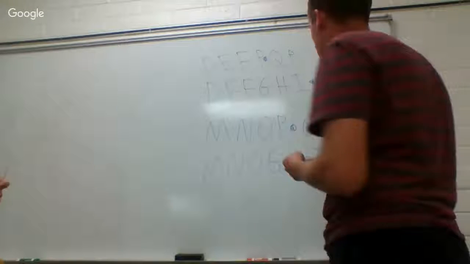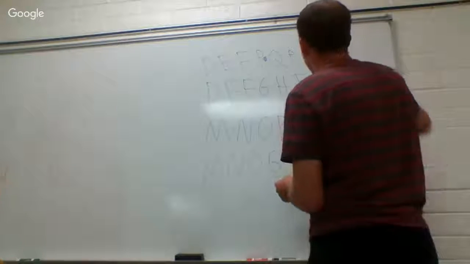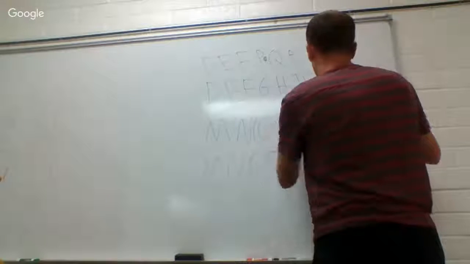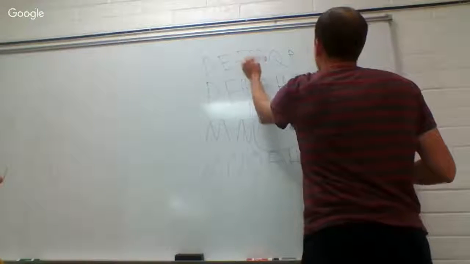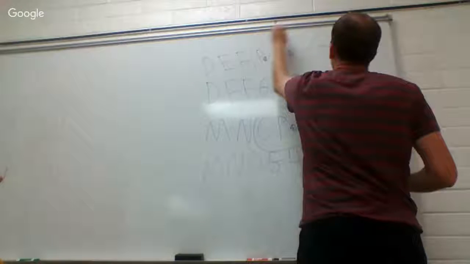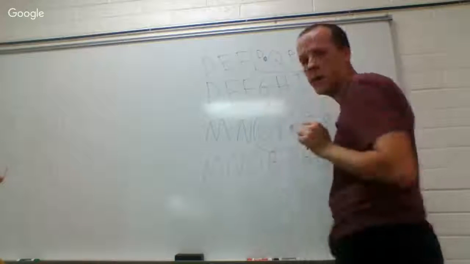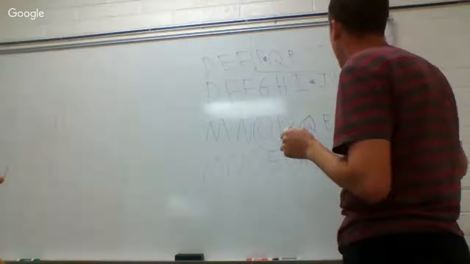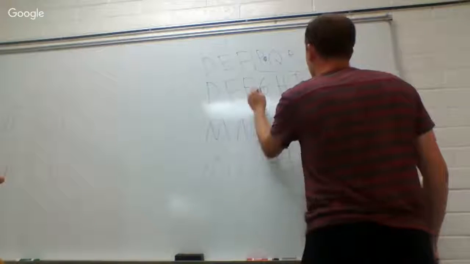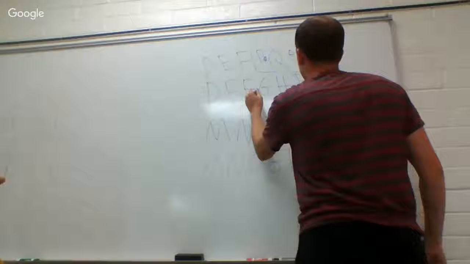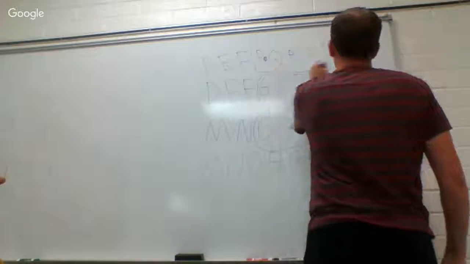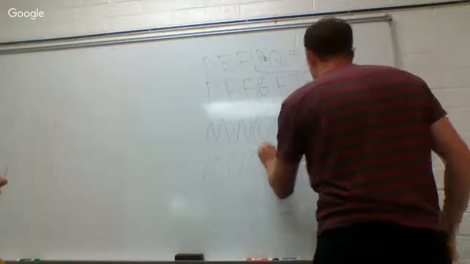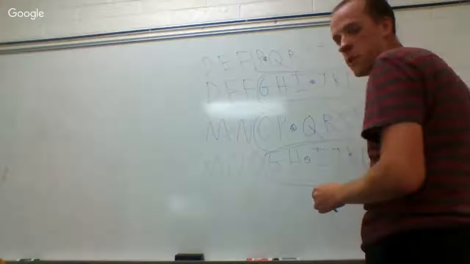So what I did was I said, since this one and this one have all this in common, these 2 must be reciprocal. And since these two have all this in common, they must be reciprocal.